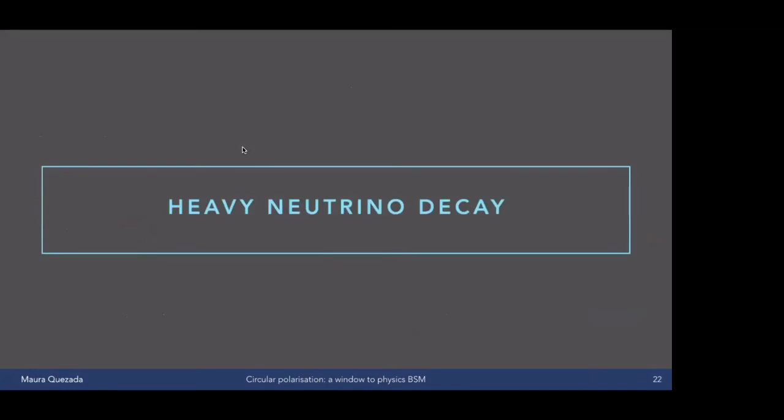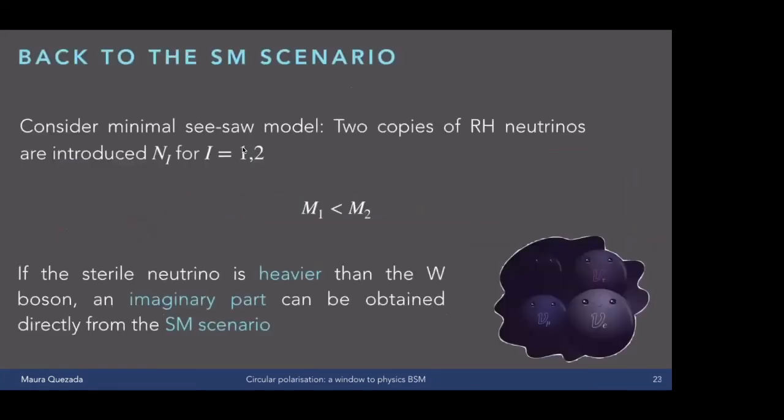Now we can do the same for the heavy neutrino decay in the minimal seesaw mechanism. If we do this, we go back to the standard model scenario, where the neutrino radiative decay is induced by standard model particles.